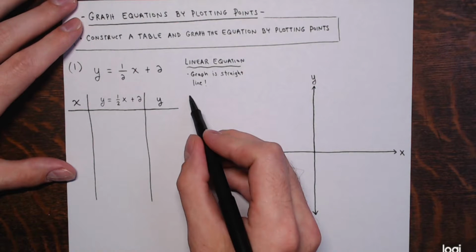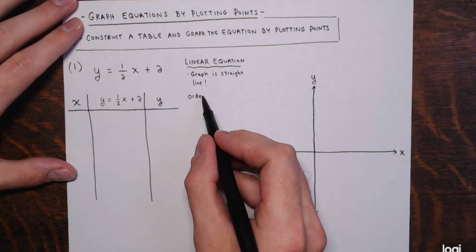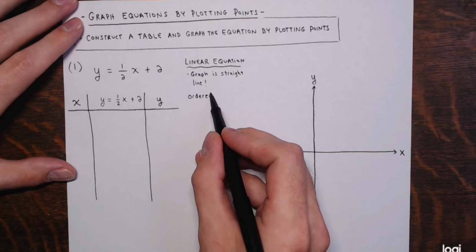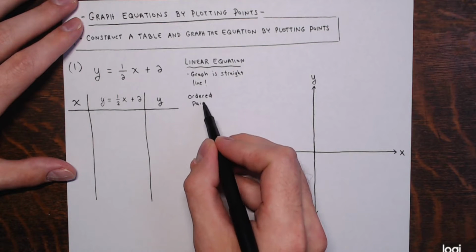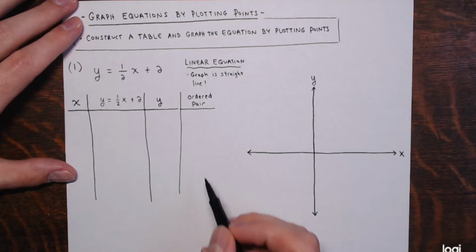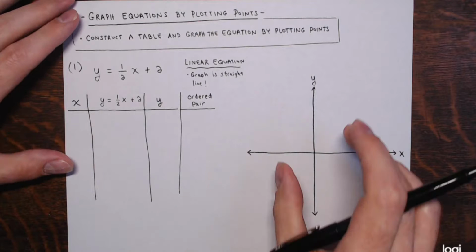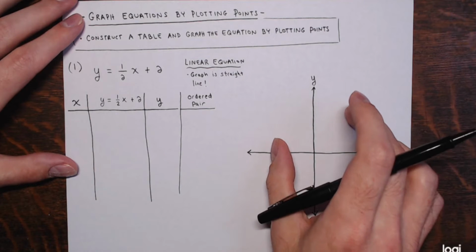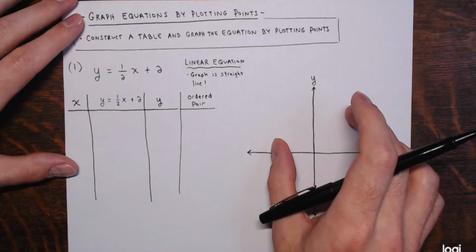In fact, I will put a fourth column with the ordered pair that we'll be plotting. You don't have to have this fourth column. And then we'll plot those points on the Cartesian plane.